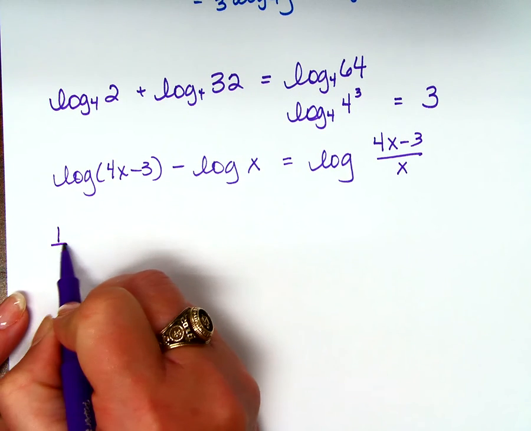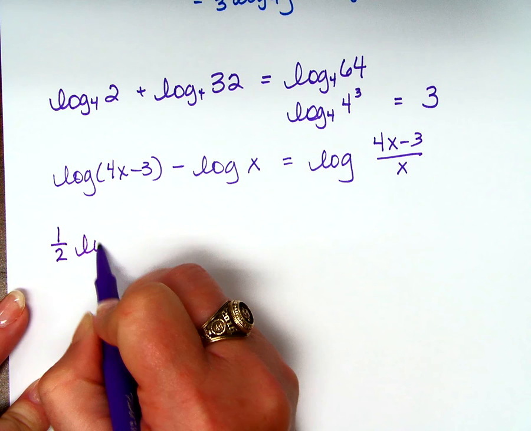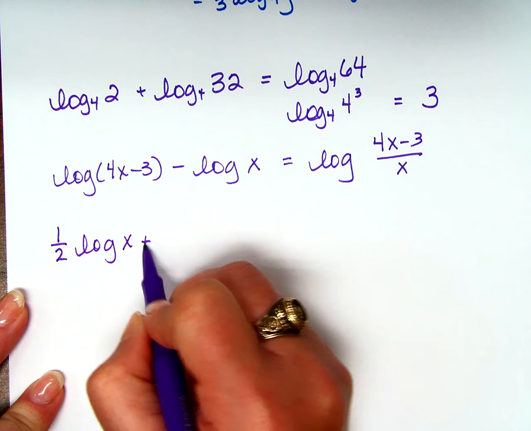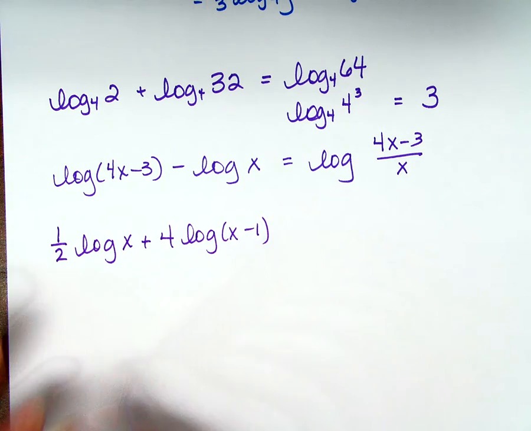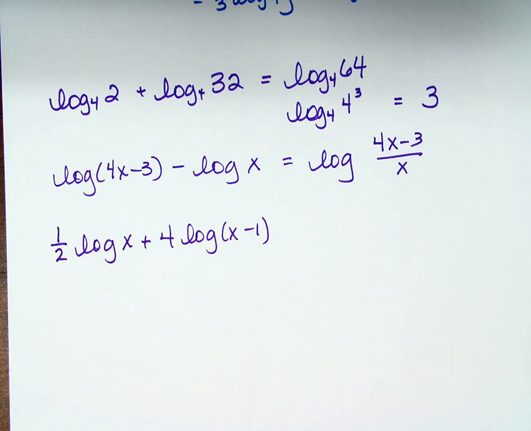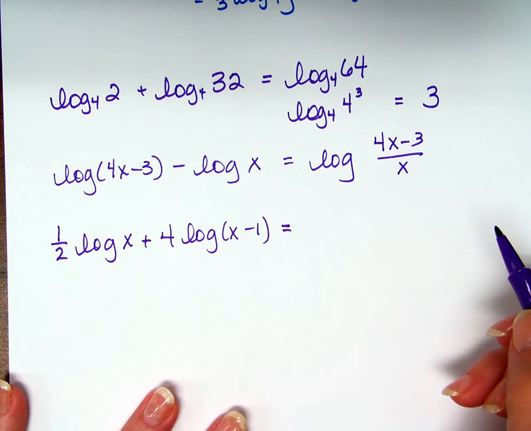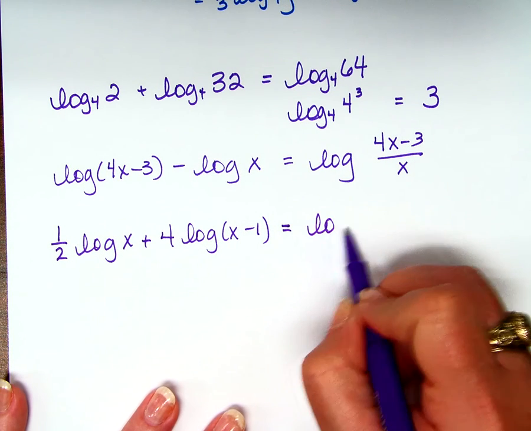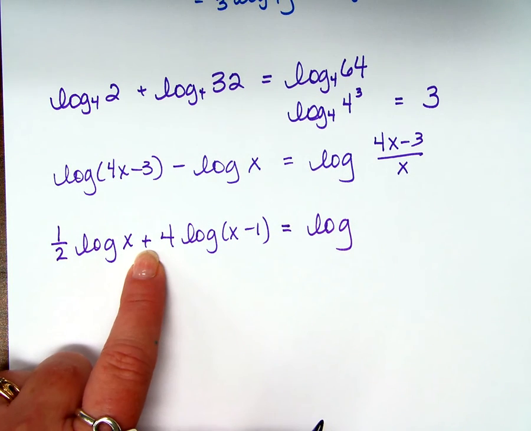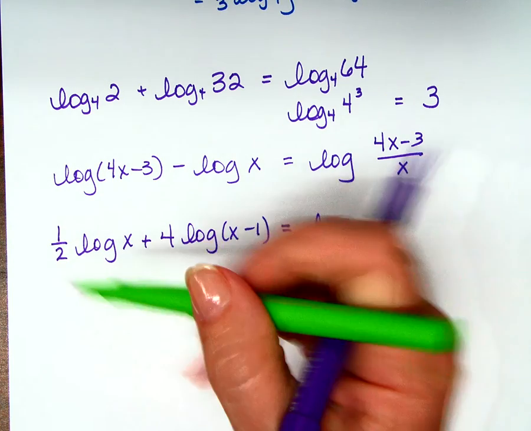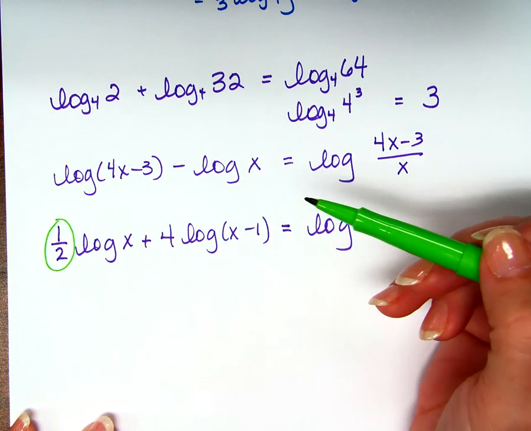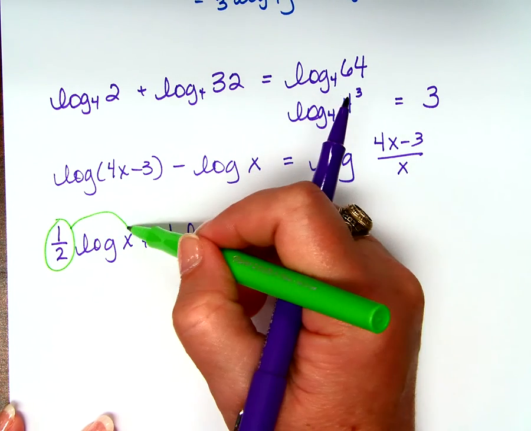What about this one? 1/2 log of x plus 4 log of x minus 1. How many times do I write log? Once. So there's my log. What's this asking us to do? Multiply. So it's going to go up here as an exponent.